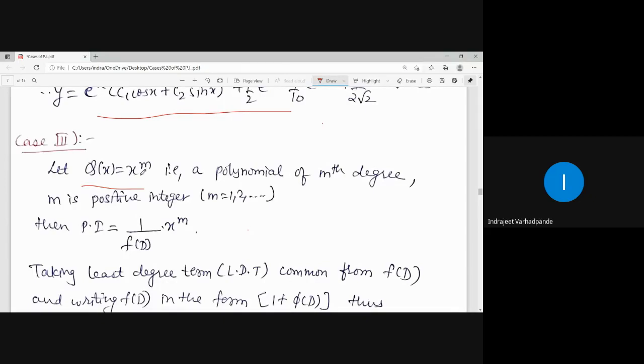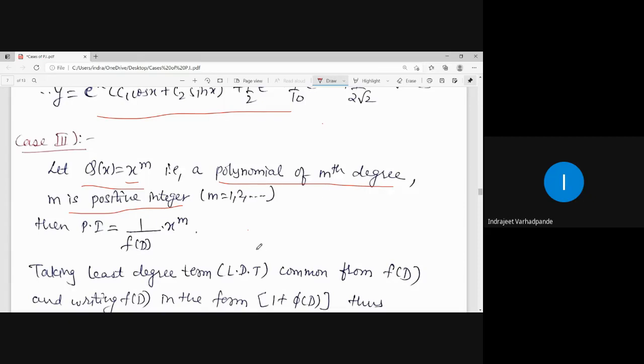So this Q of x is equal to x to the power m, which is to be identified as a polynomial of mth degree. And how should m be? m should be a positive integer varying from 1, 2, 3 and so on.